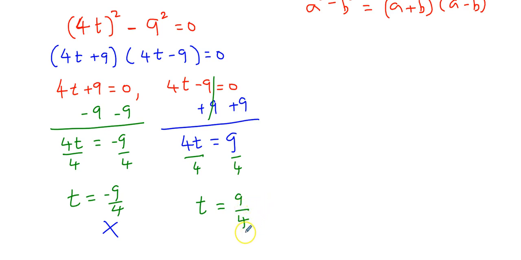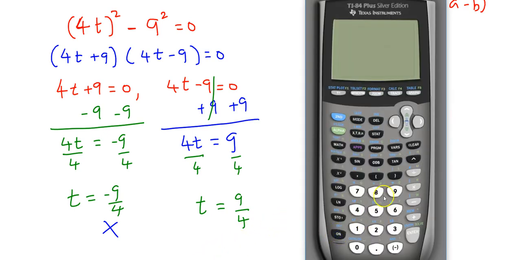9 over 4, that is 2.25, I think. Let me see. Okay, 9 divided by 4, 2.25.